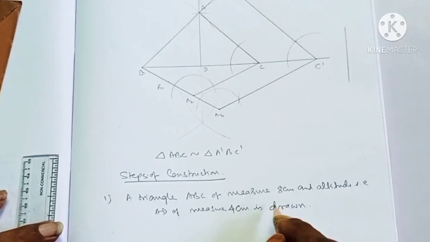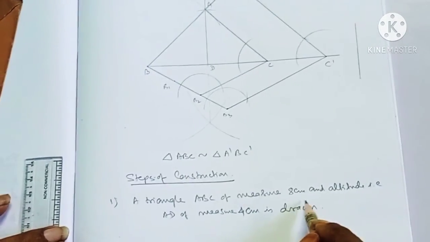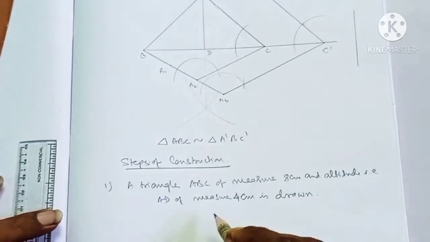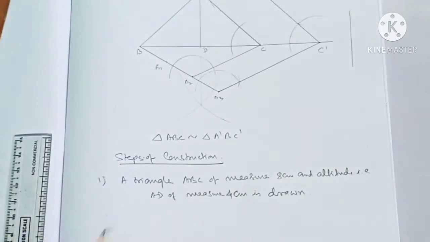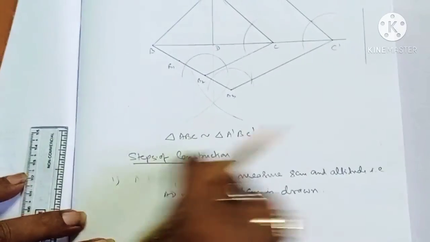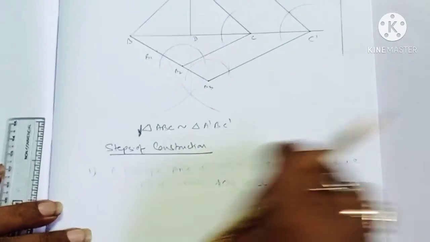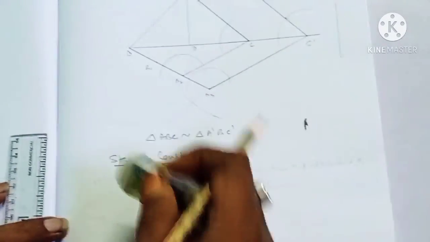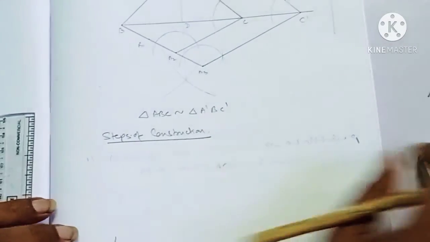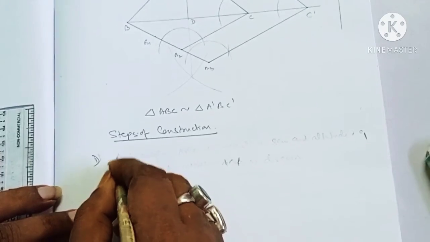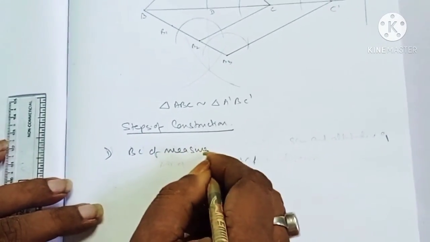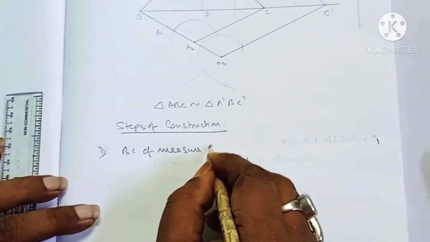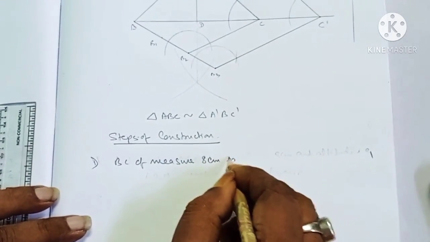It will be better if we say it like this: first BC of measure 8 centimeter is drawn.